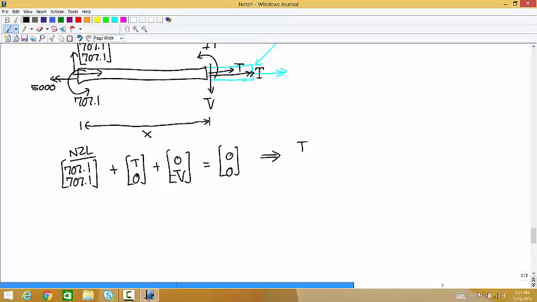So what this says is for all of the x values represented here, the tension is just equal to negative 707.1. It doesn't change. We still have to consider what x values this is valid for, but whatever x values it's valid for, we know that the internal tension is negative 707.1. And the internal shear force is positive 707.1.